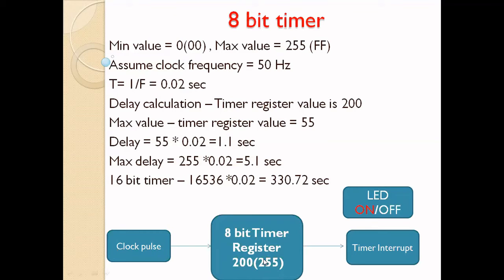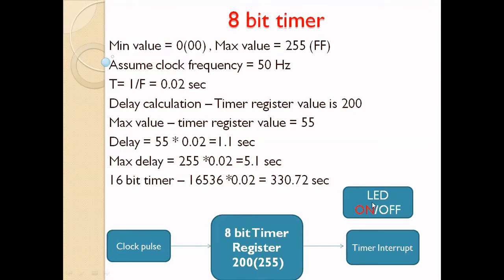When this value is equal to 255, it will give an interrupt to that timer. So the LED will be off. Next, once again this value will be at 200. Now you are giving the clock pulse, so it becomes 201, 202, and so on. Then the interrupt will occur, and the LED will be on.